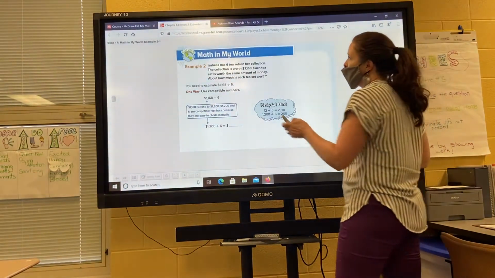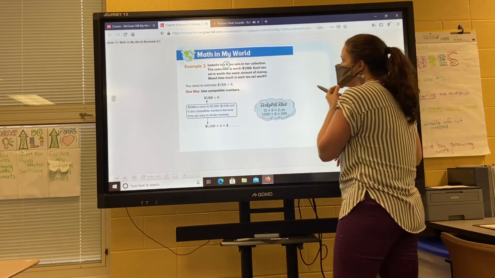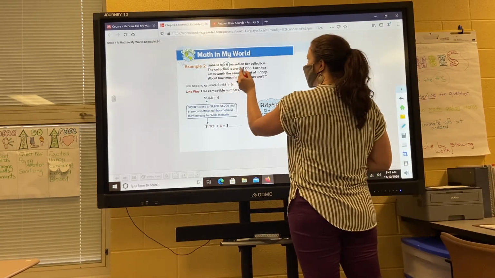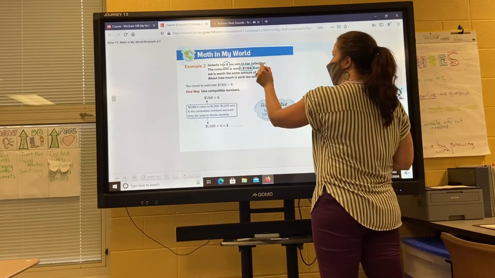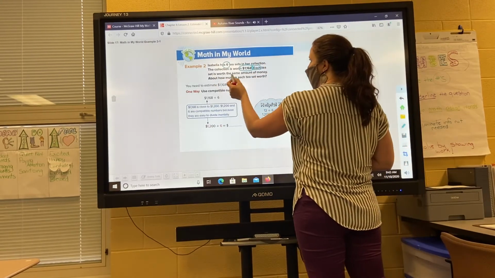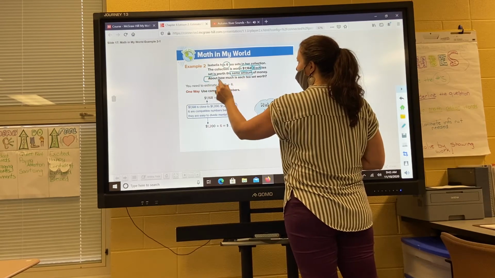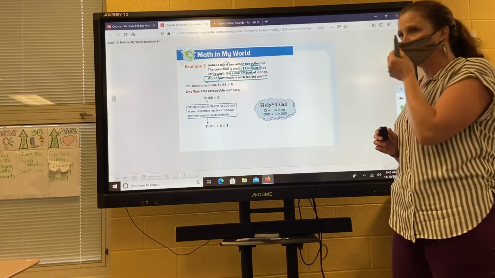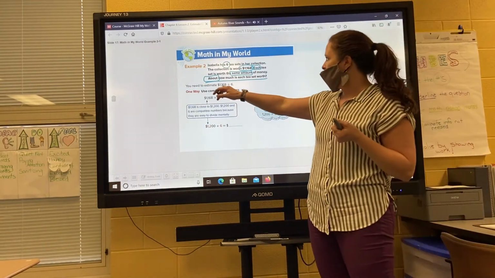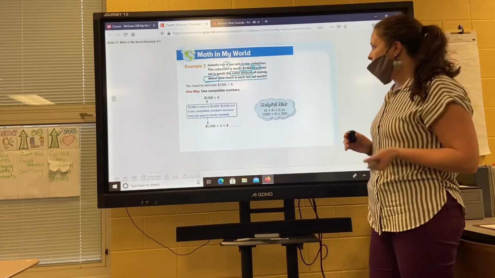It says Isabella has 6 tea sets in her collection. The collection is worth $1,168. Each tea set is worth the same amount of money. About how much is each tea set worth? So we are going to estimate $1,168 divided by 6.